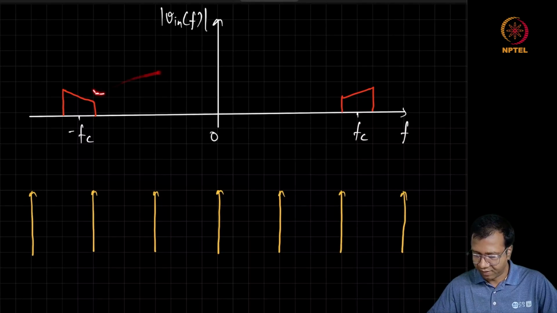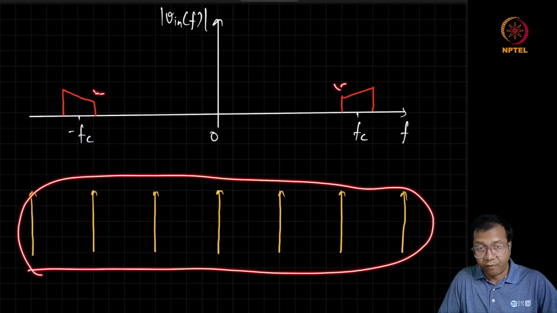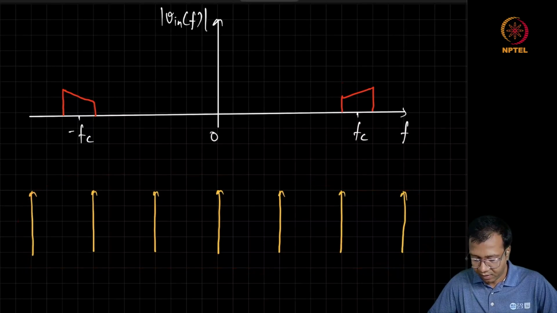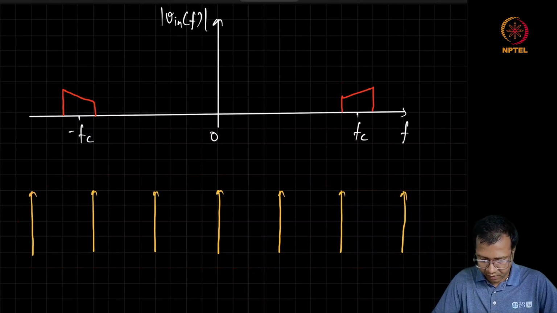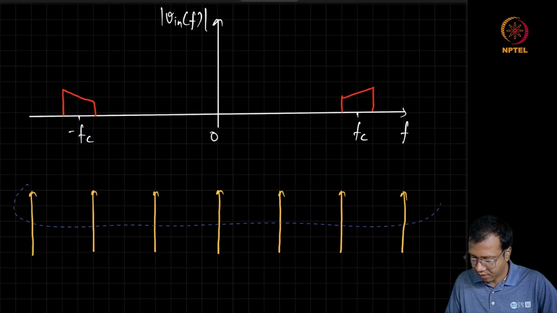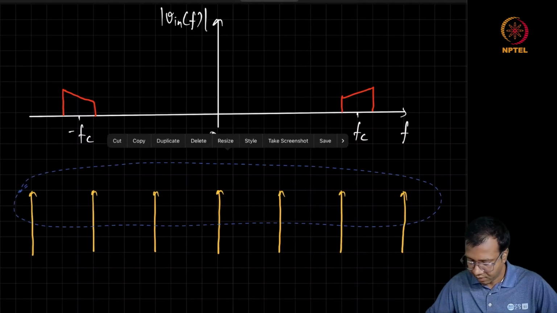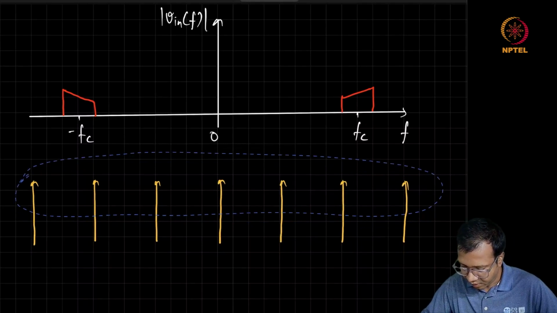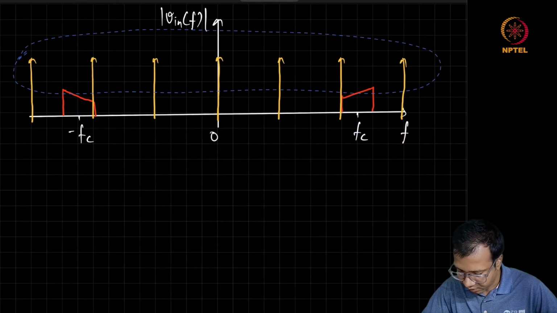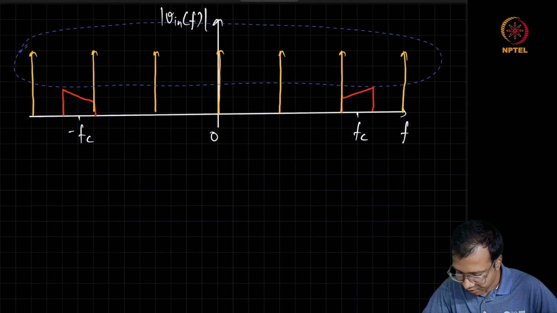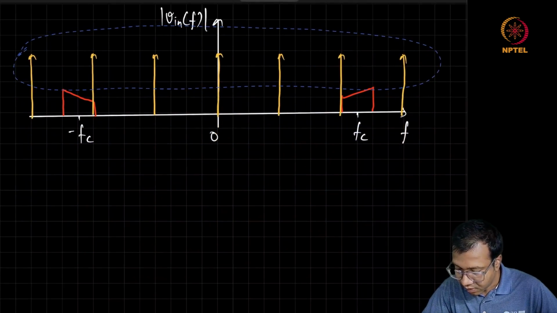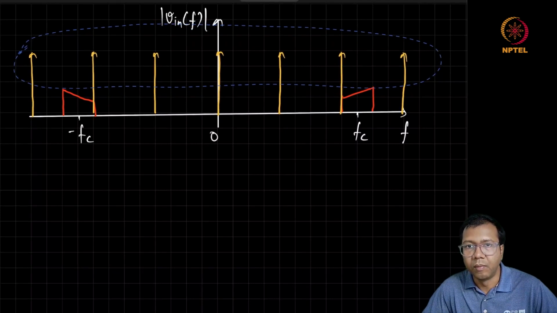So this is the input signal, and here is the impulse train in the frequency domain of P of t. While doing the convolution, we all know that we'll take this impulse train, flip it around the y-axis, and then just move it around.